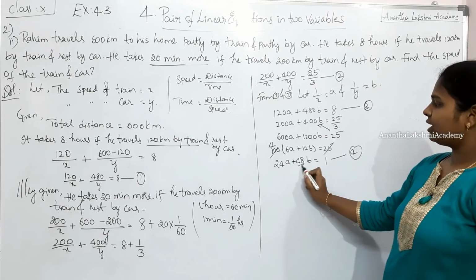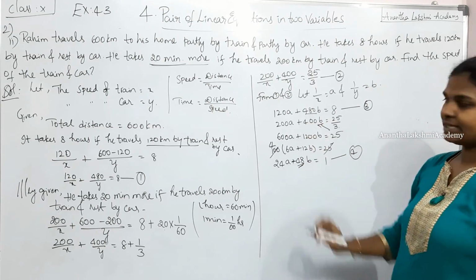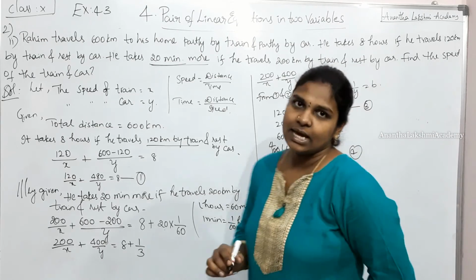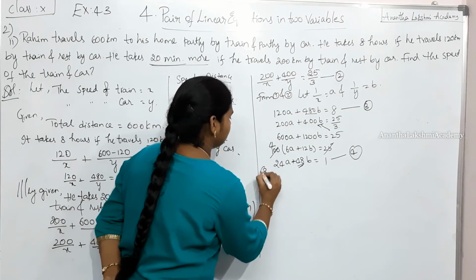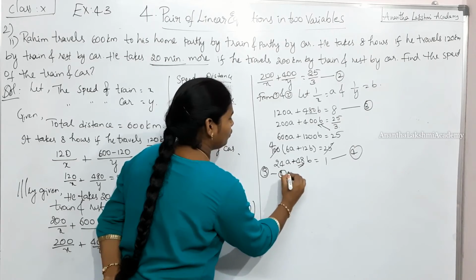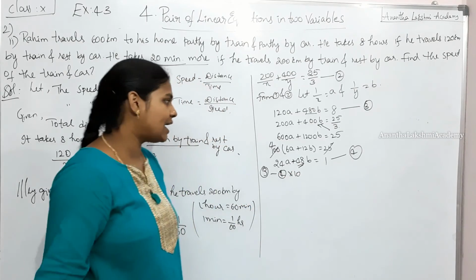So if you look here, 48 and 480 is there. So what I am going to do is, I am going to multiply equation 4 with 10 and then subtract.